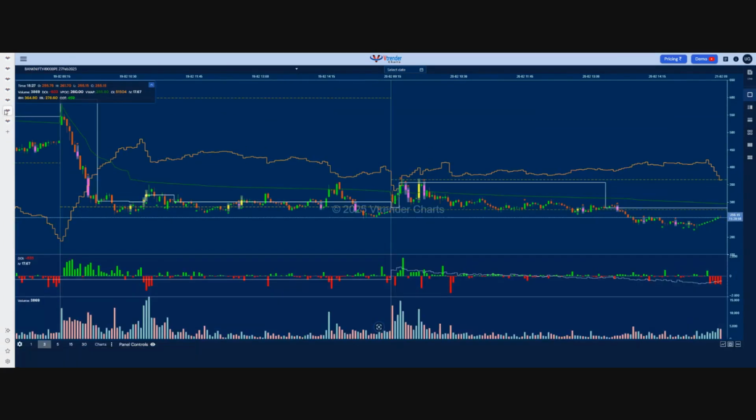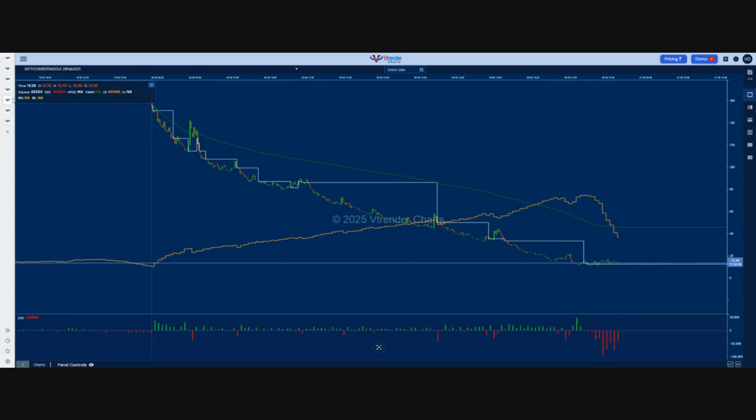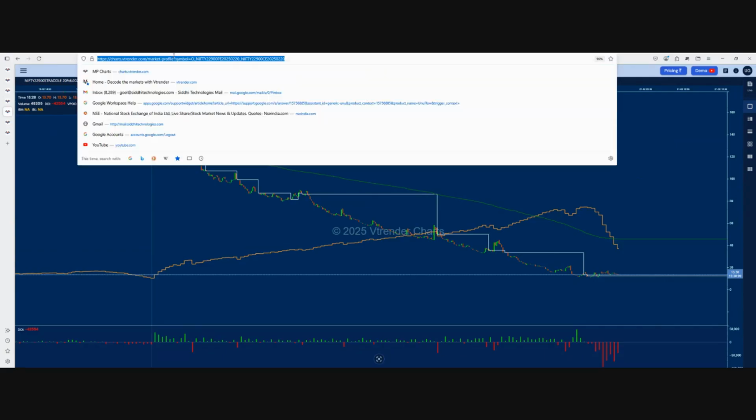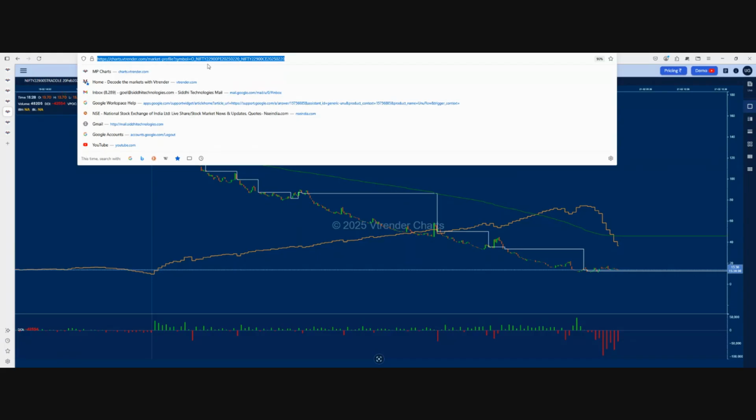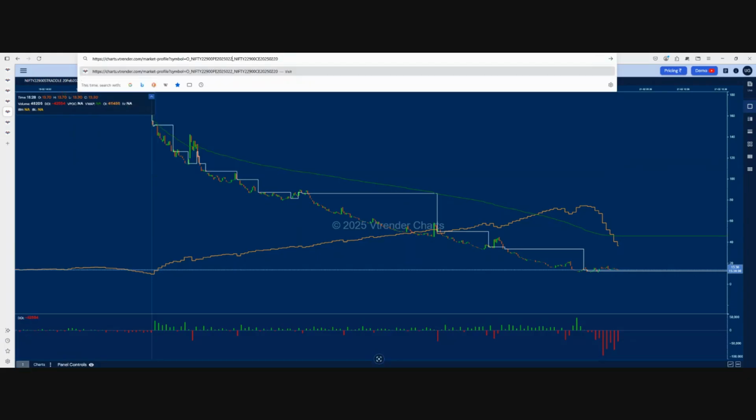So let me see the straddle chart which we are seeing. Here you can see the symbol. For example, you want to open next week's 22,300 put and 23,600 call.